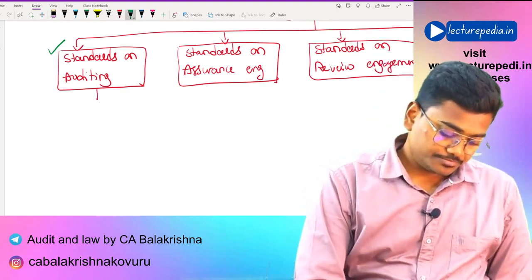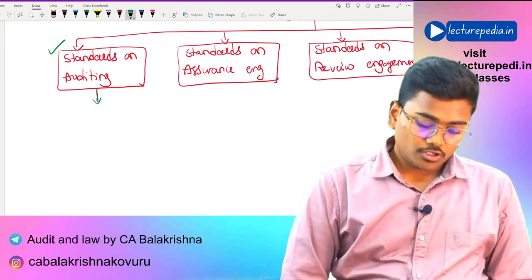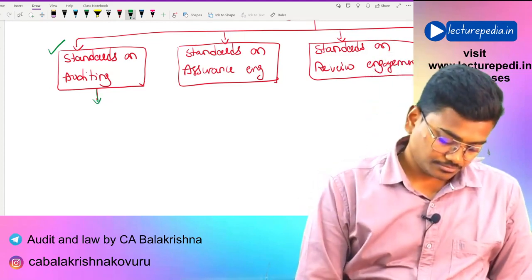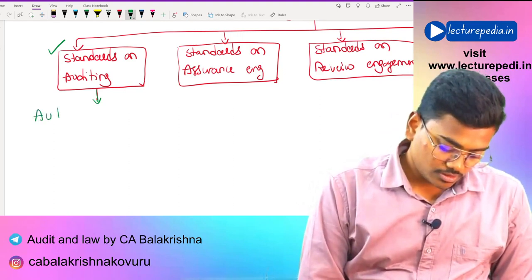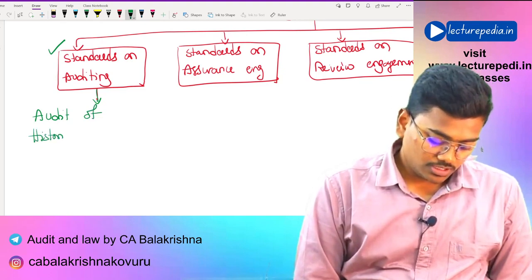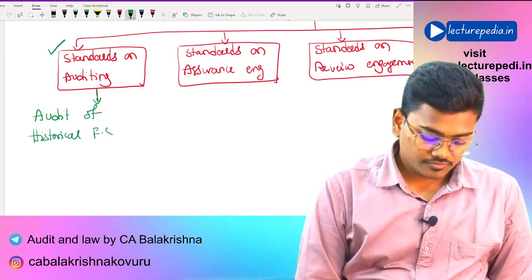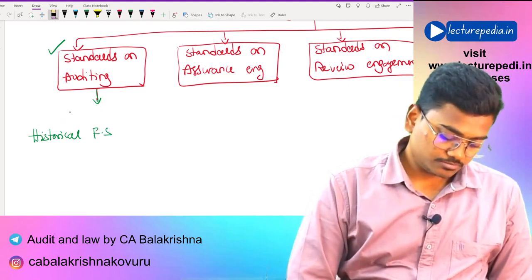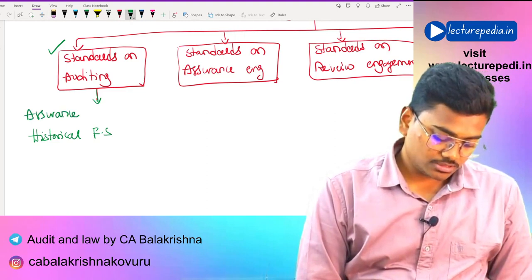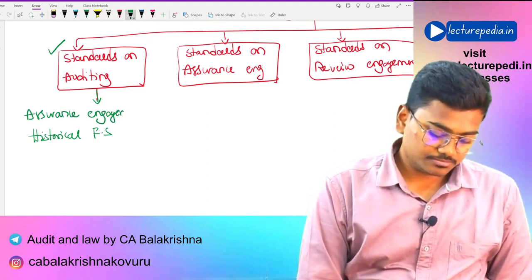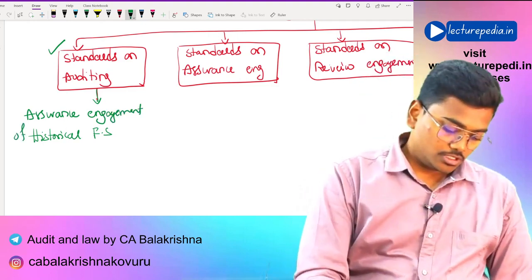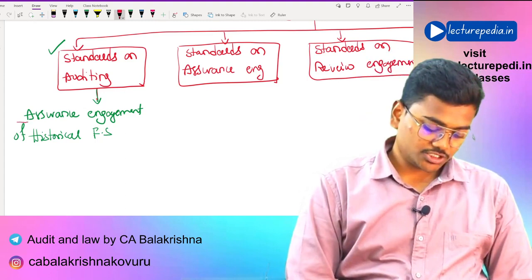Basically, the auditor follows these standards on auditing while conducting audit of historical financial statements, or you can say assurance engagement of historical financial statements. Now here you are seeing the term assurance.